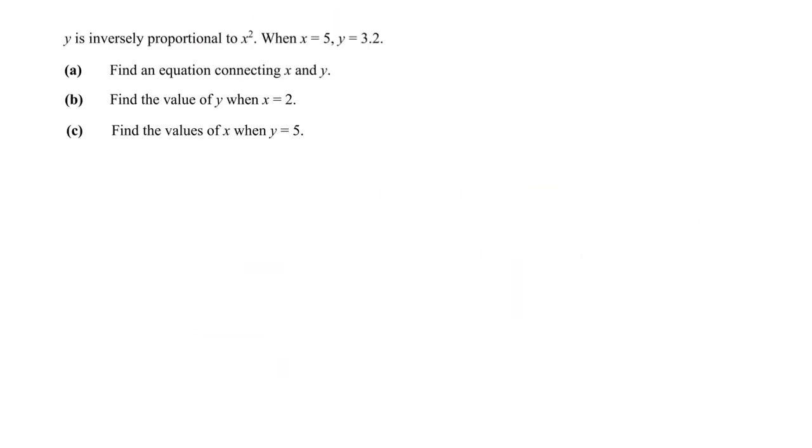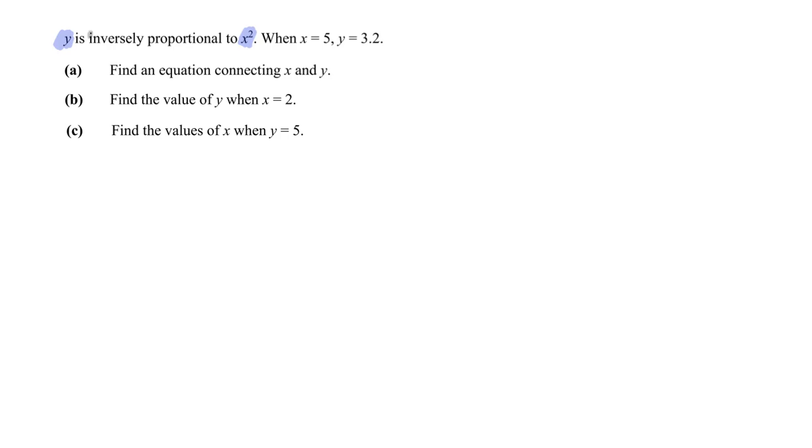Hello everyone. For this particular question, y is inversely proportional to x squared. So when Mr. Tan attempts this question, of course I will need to know these two quantities that we are looking at.